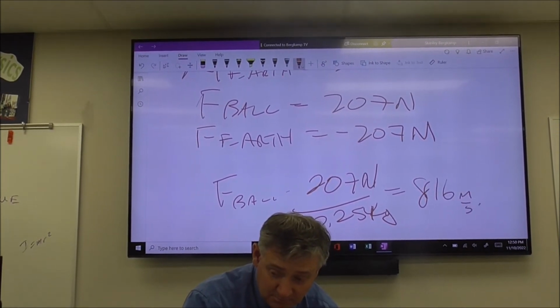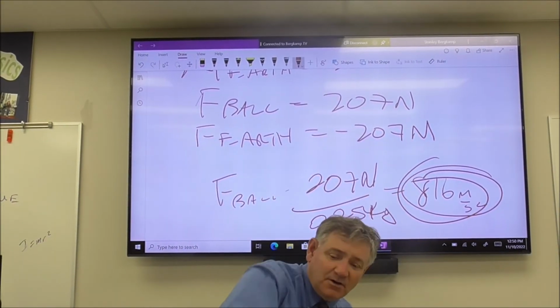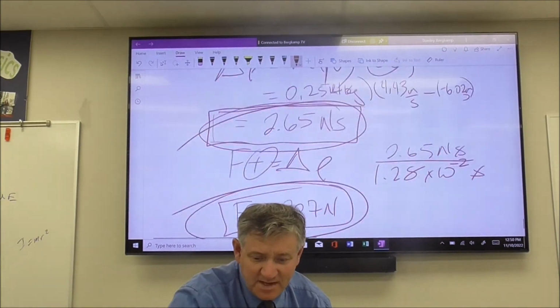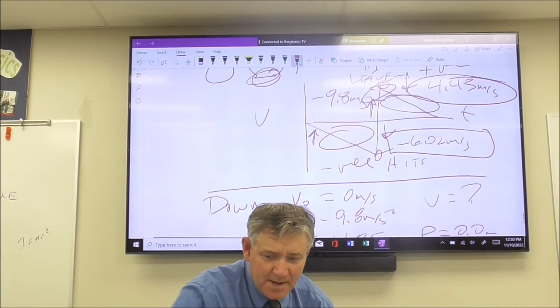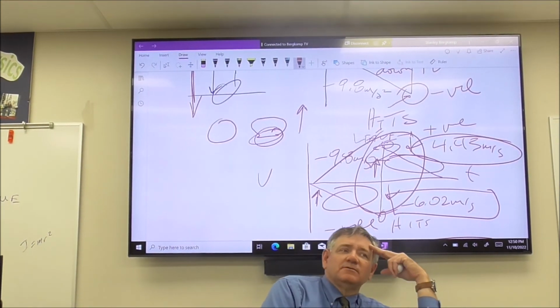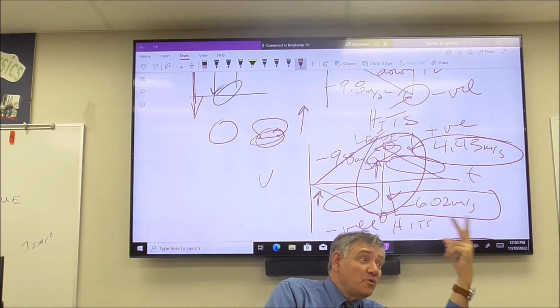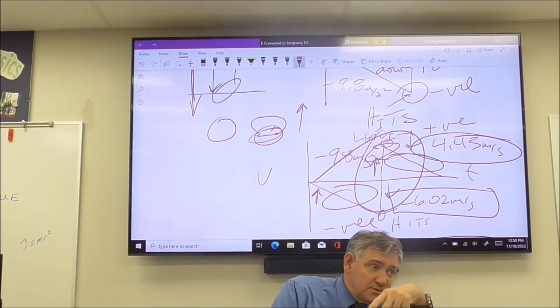Hopefully positive. Now, how does that acceleration fit way back up here on that velocity time graph? That's the acceleration of the ball when it's in contact with the ground.